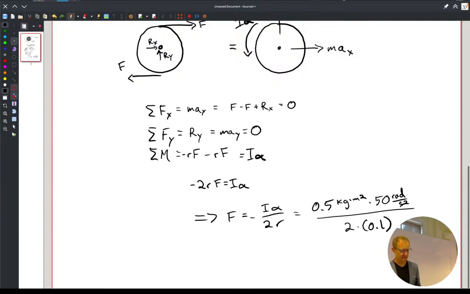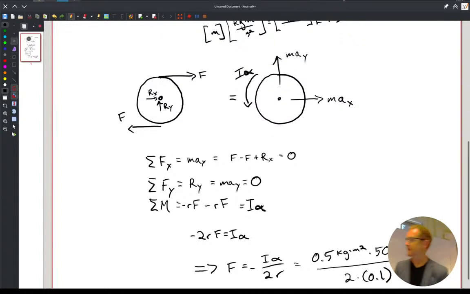Sounds good. And these negative signs end up dropping out, because this thing is rotating this way, into the page. When it's rotating that way, it's a negative 50, and our total torque is a negative 2 RF. So negative, negative, all positive scalar values.